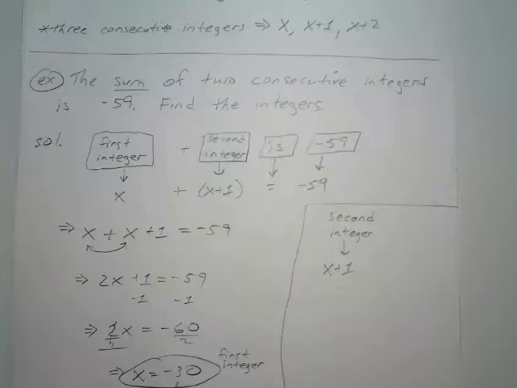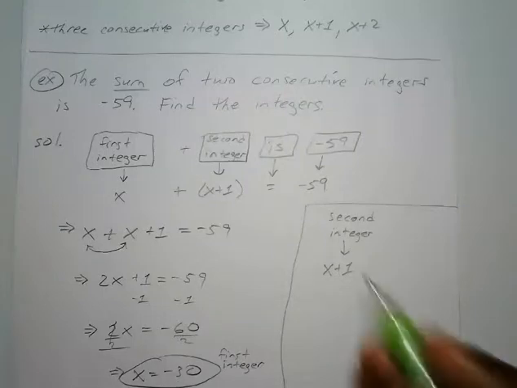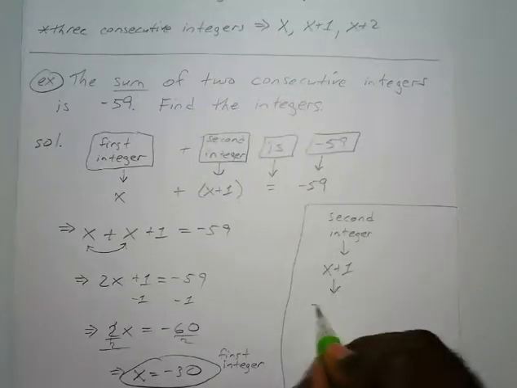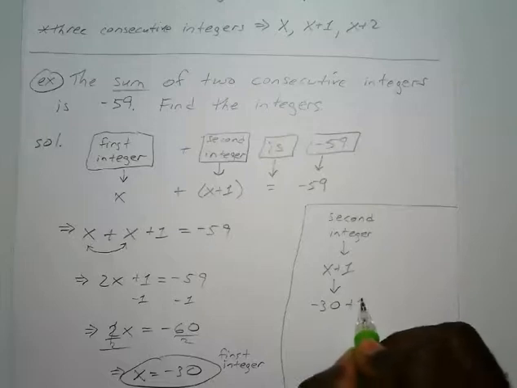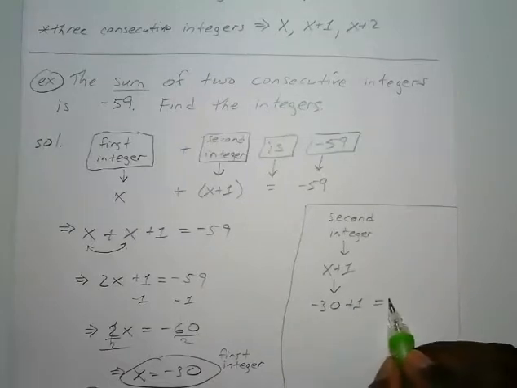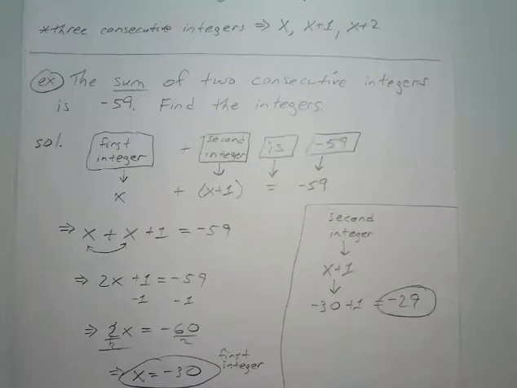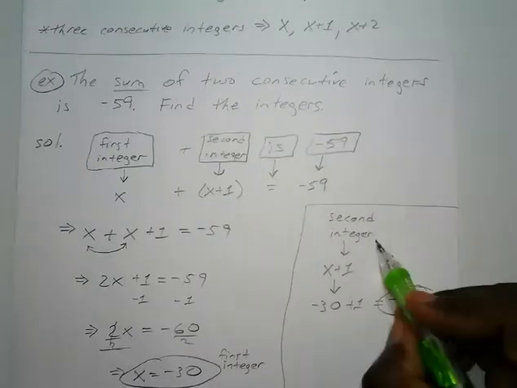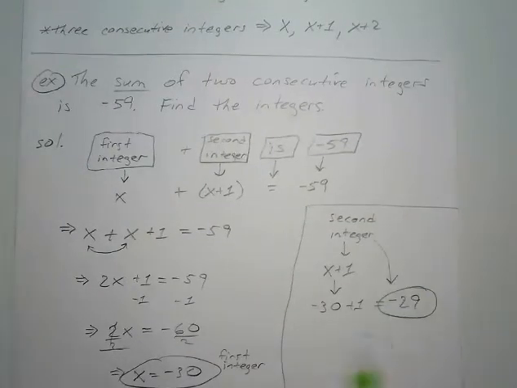Remember, we can replace x with negative 30. So that gives us negative 30 plus 1, which is negative 29. So we have now our first integer and our second integer. If you add those together, you'll get negative 59.